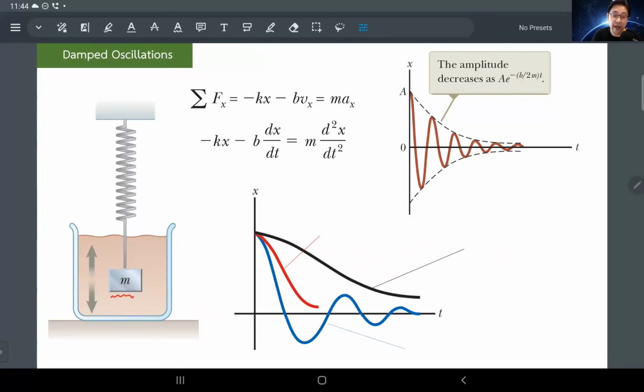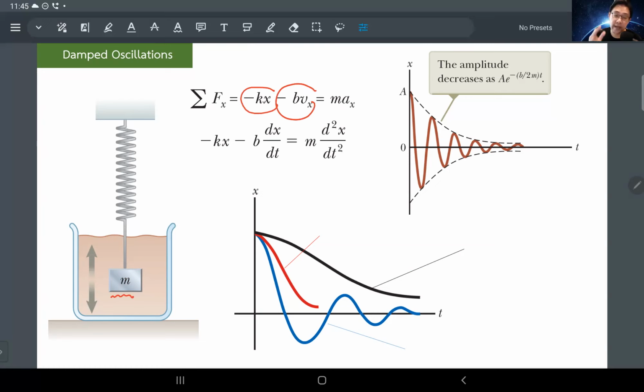So for example, if you have a mass on a spring, but the mass itself is in something that can create friction or resistance, your equation of motion will change a little bit. Look at this. Sigma F now is not going to be only the spring's force, but you're going to have some sort of resistance term built into it.